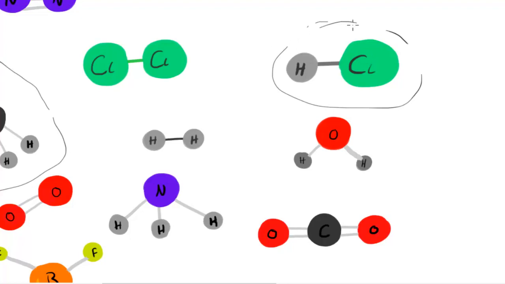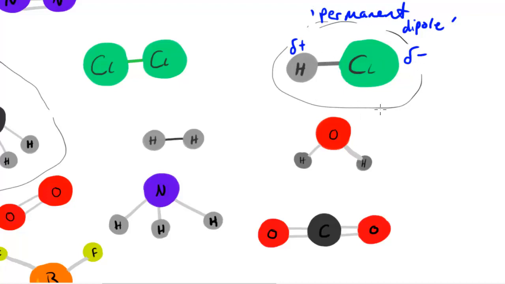The way we represent dipoles, slight positive or negative charges, is with a little delta. Chlorine would be slightly negative, and hydrogen, since it's being more generous with the electrons and not being greedy like chlorine, is going to be slightly positive. This is what we call a permanent dipole, because it literally stays like this. This is slightly negative all the time, and this is slightly positive all the time.